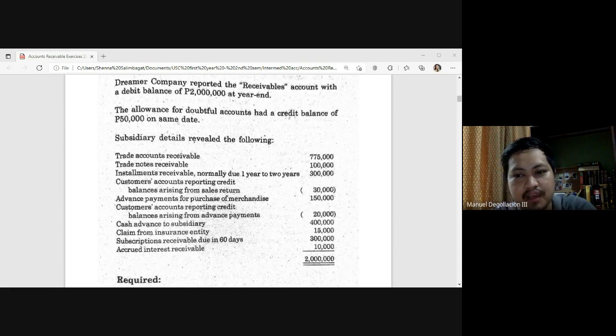It's just that we have made advance payments and our advance payment will be considered as a receivable on our part. A receivable not necessarily representing a right to receive cash, but a receivable representing a right to receive merchandise or inventory in the future. And this is what makes your receivable account unique, class.